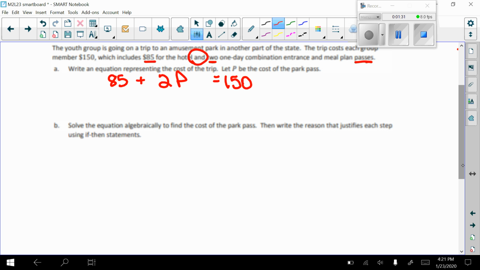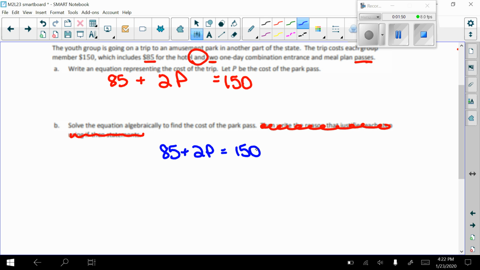Now it wants us to solve the equation algebraically to find the cost of the park passes. We are not going to do that part. All right, so let's see. We have 85 plus 2p equals 150.